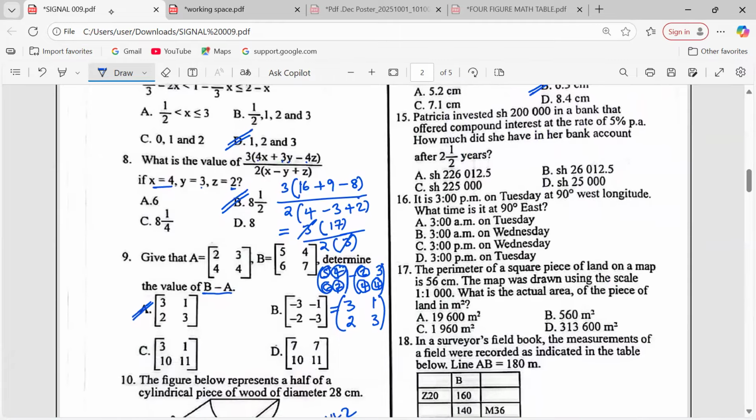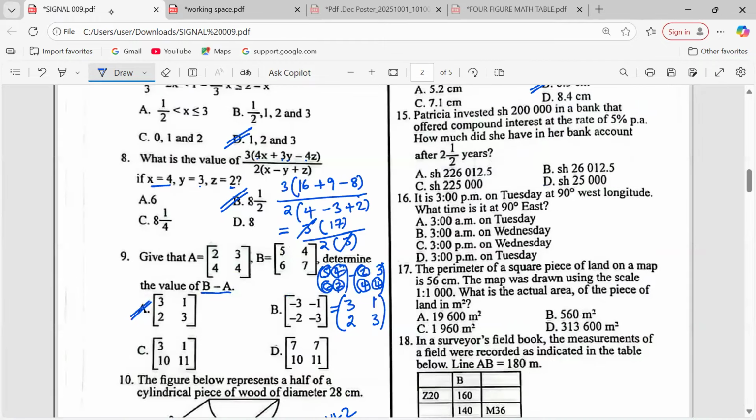Number 15. Patricia invested 200,000 Kenya shillings in a bank that offered compound interest at the rate of 5% per annum. How much did she have in a bank account after 2.5 years?